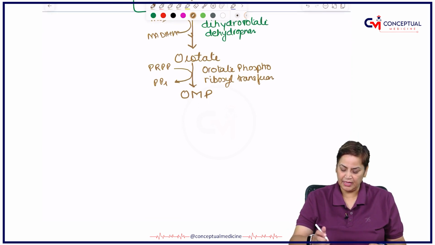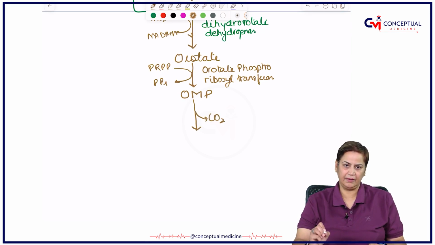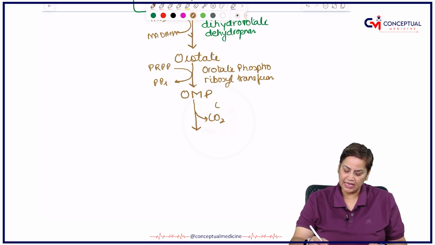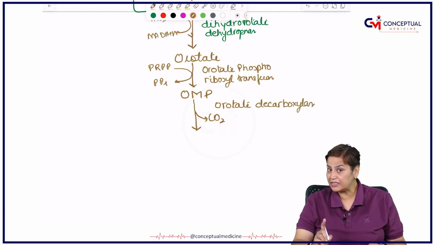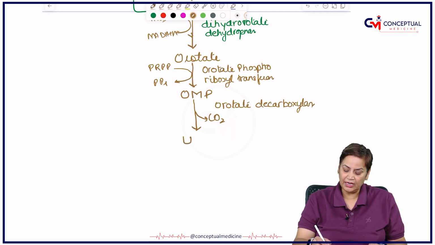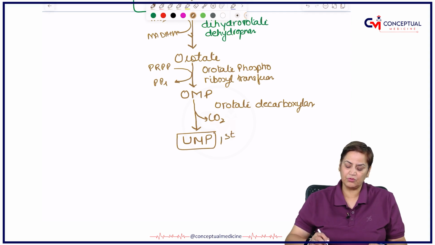This OMP will lose a molecule of carbon dioxide, undergoing decarboxylation, so the enzyme is orotate decarboxylase. And this OMP is going to form the first pyrimidine, which is uridine monophosphate.